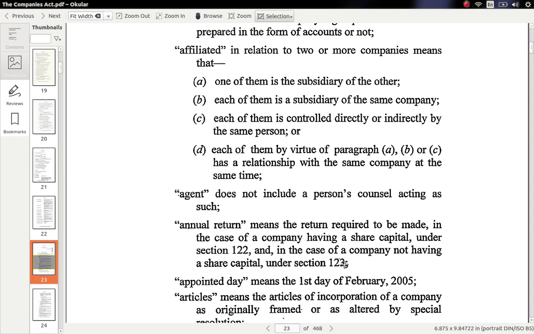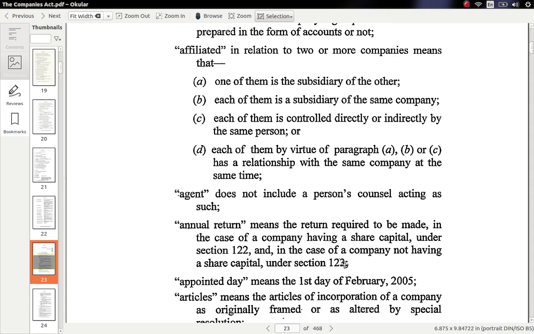So from my reading, the share capital, from my understanding, is the money that the company gets by inviting other persons to invest in it. But the company not having a share capital is a non-profit organization. Could be a trade association, a church, a charity, and so on. Right?